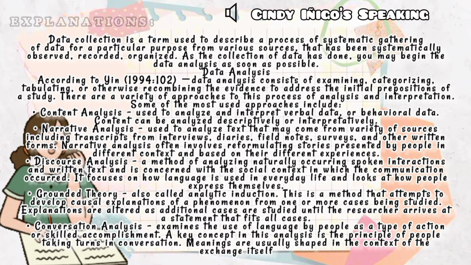Discourse analysis is a research method for studying written or spoken language in relation to its social context. It aims to understand how language is used in real-life situations.